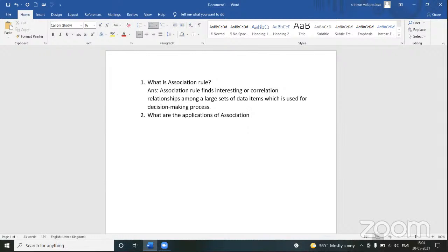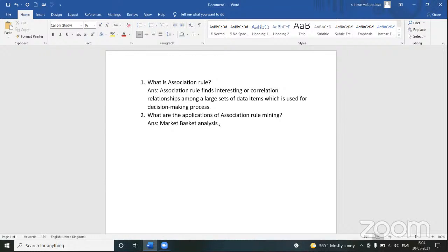The applications are, first one, market basket analysis. So we can find the relationship between some objects in retail stores.